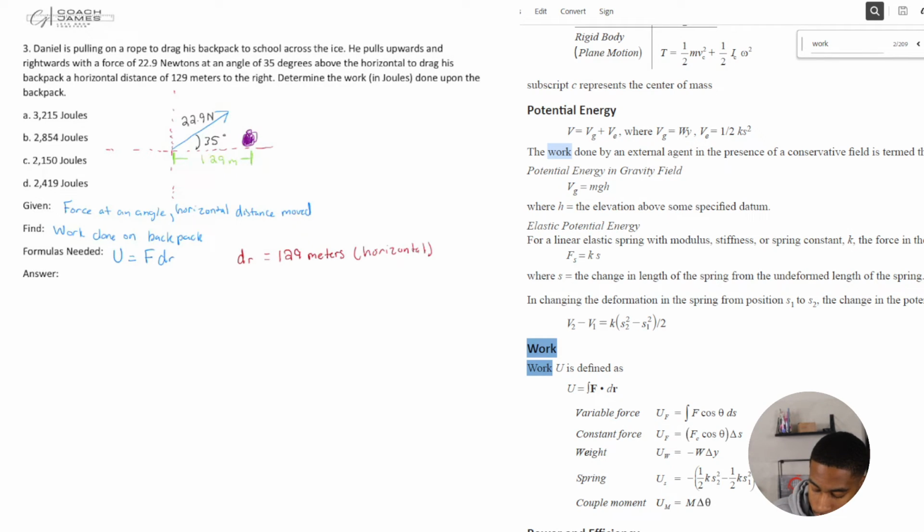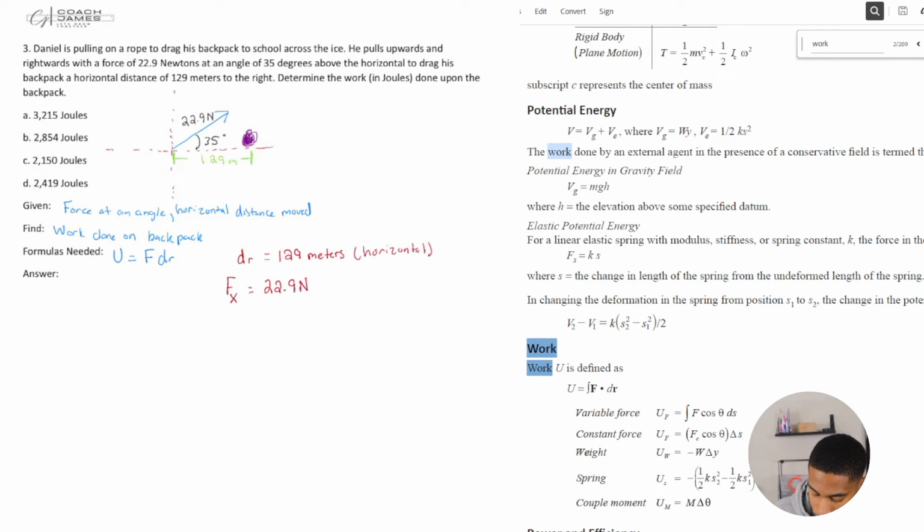If you answer yes, you are incorrect. Our force needs to be in the direction that our distance changed in. So we need the force in the x direction. We moved horizontally to the right in the x direction, so we need the force in the x direction. They give us the total force, 22.9 newtons.